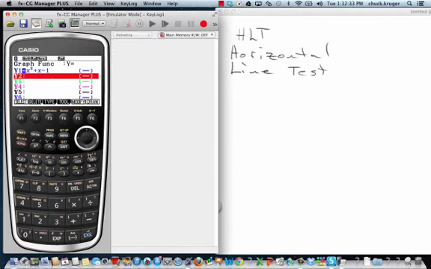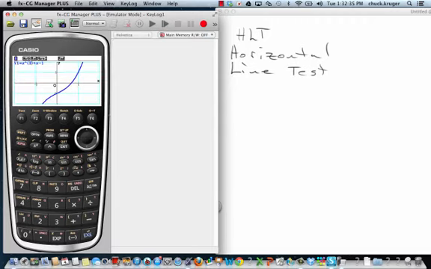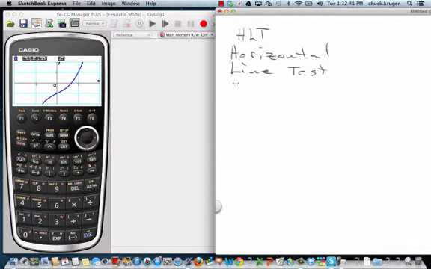And the other part of this is, if you take a look at this, this means inverses are functions. That's one.